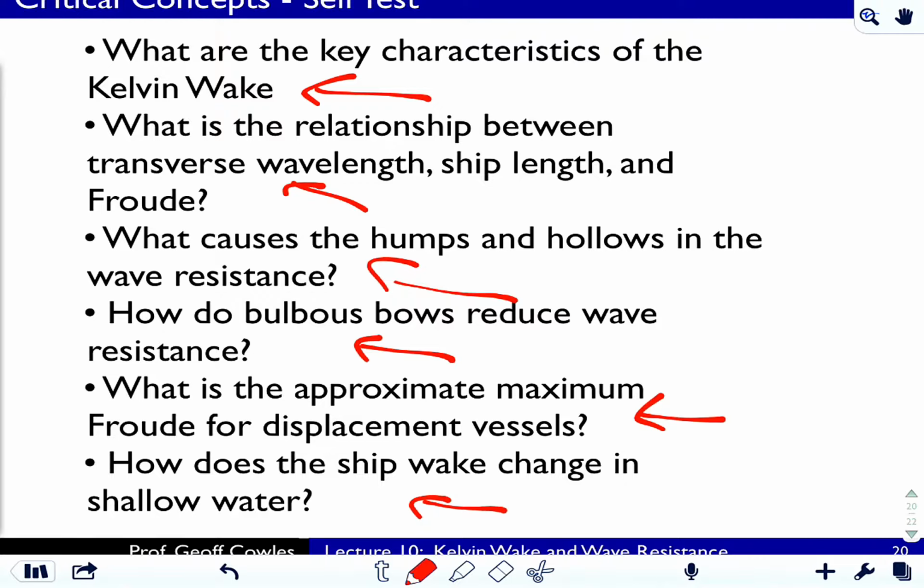So if you are exceeding that speed, the transverse waves, which are trying to go in the same direction as you, simply can't keep up. You have essentially what I would call a divergent set of waves emanating from the boat at an angle to the boat, because they can't keep up.